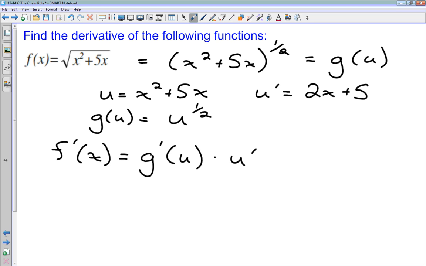Awesome. What is g primed at u here, our derivative? Malcolm, what are we going to have here? 1/2 u, and what's our exponent going to be? To the negative 1/2.